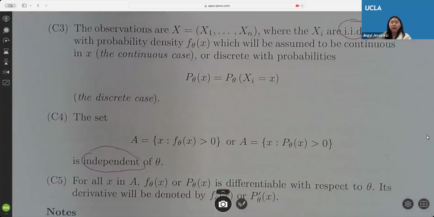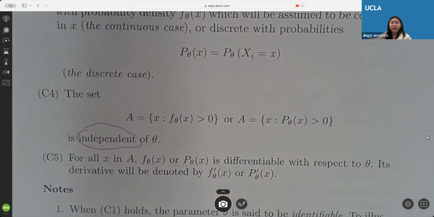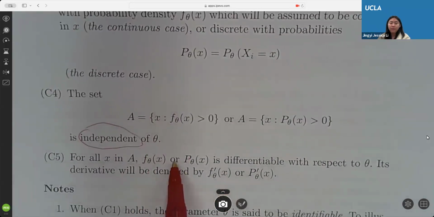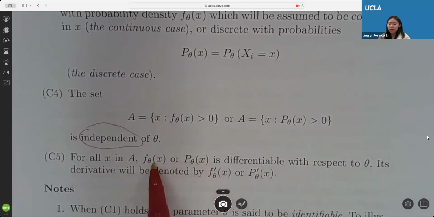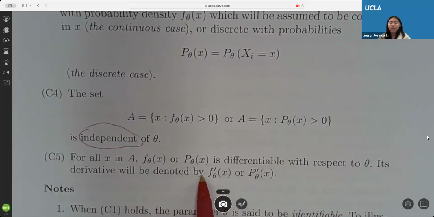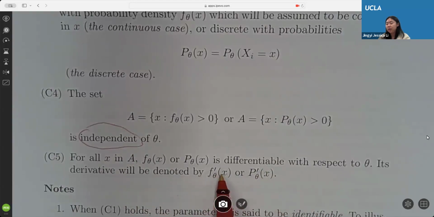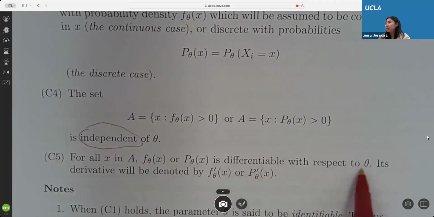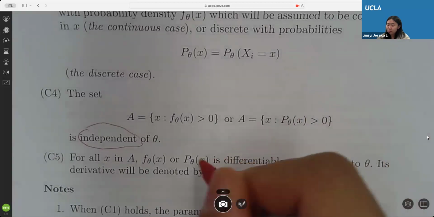Finally, for all such values in A, f theta x, for the continuous case, or p theta x, for the discrete case, is differentiable with respect to theta. Its derivative will be denoted by f theta prime x or p theta prime x. This is just to clarify that the differentiation is with respect to theta, not x.